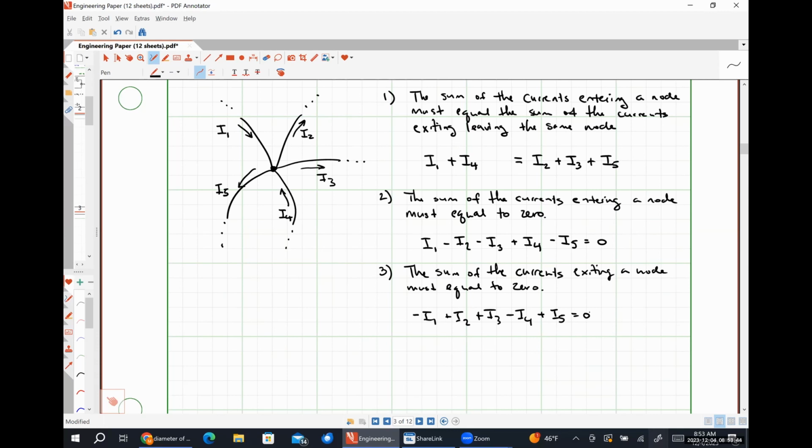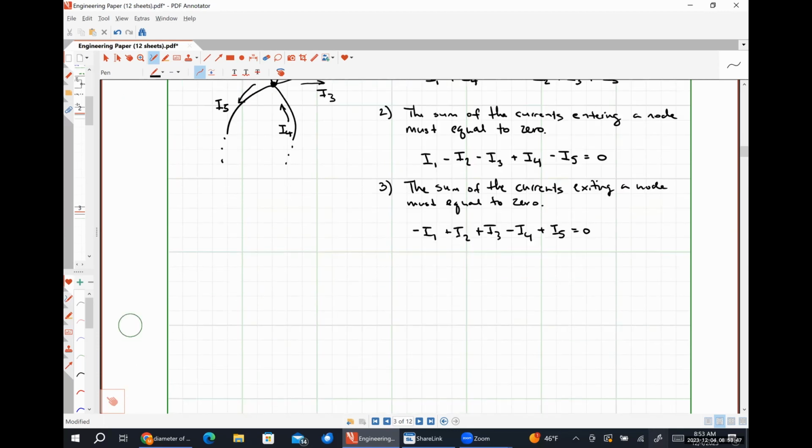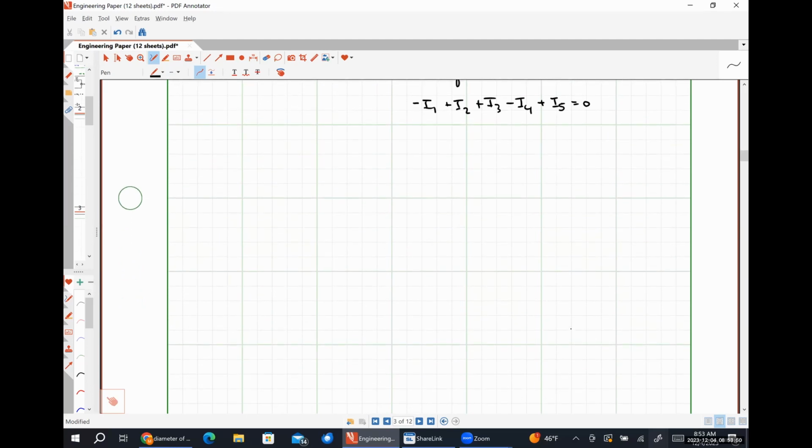All right, so let's work an example. So let's say that we have a 3 amp current source, a resistor through which 2 amps of current is flowing, another resistor.